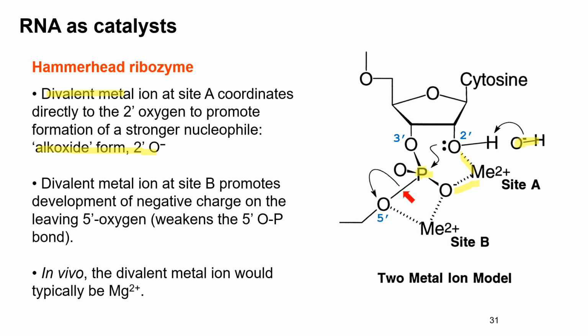And the presence of another metal ion at this location helps to stabilize the resulting negative charges to promote cleavage of this bond here. So at the end, there will be a cyclic phosphoester connecting the 2' and the 3' OH groups. And usually in vivo, inside cells, the metal ion here will be the magnesium ion.